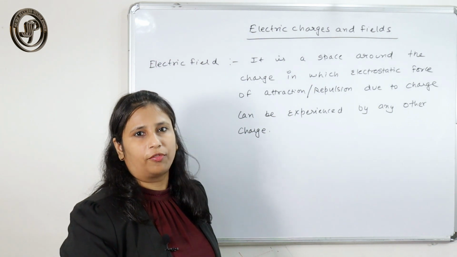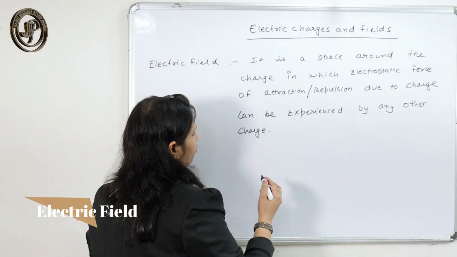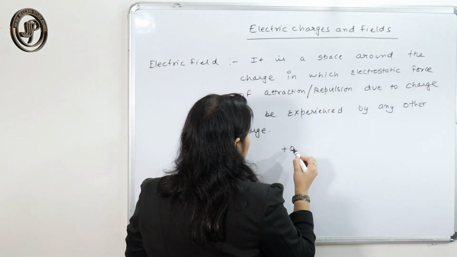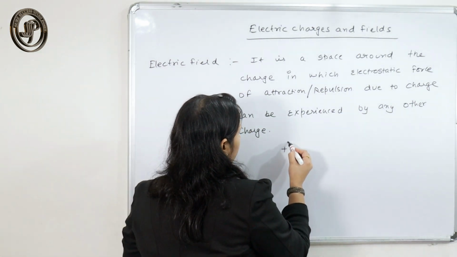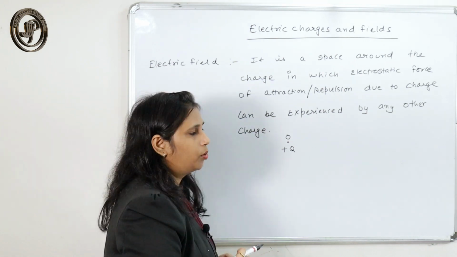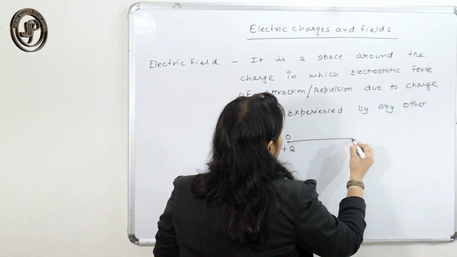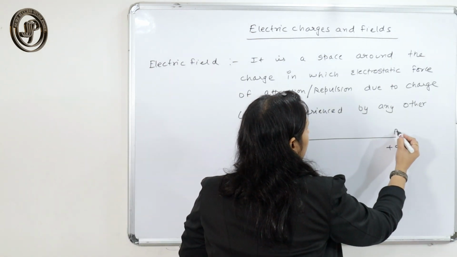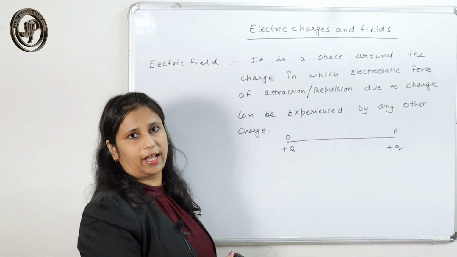What is electric field? Let us understand the meaning of electric field. Suppose a charge plus q is placed at point O. Now another small charge plus q is placed at point P. Then what will happen?